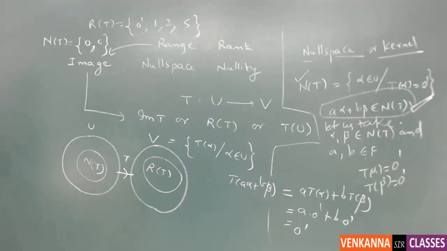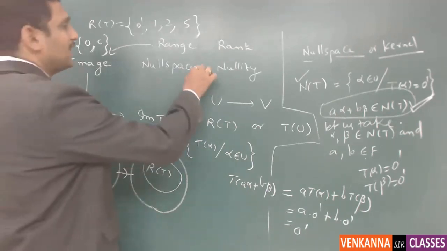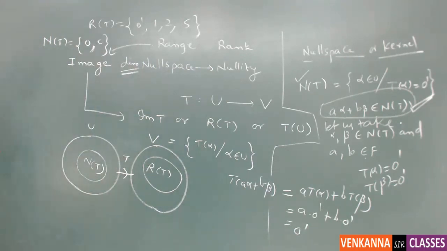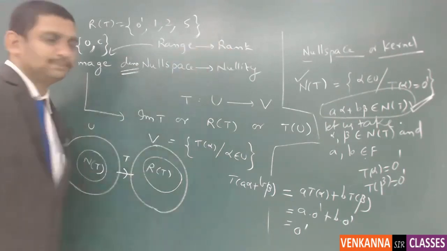So, it is possible to get a basis for N of T and a basis for R of T. So, let me say I got a basis for N of T and the basis contains 5 elements. So, dimension of N of T is nothing but 5. So, the dimension of the null space, we call it as nullity. Similarly, the dimension of the range space, we call it as rank.